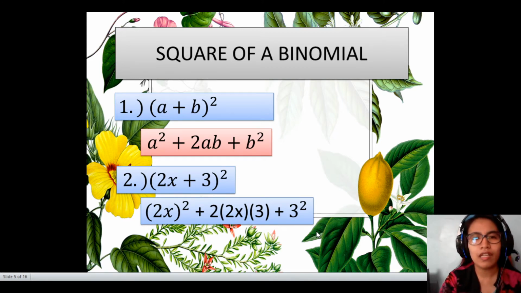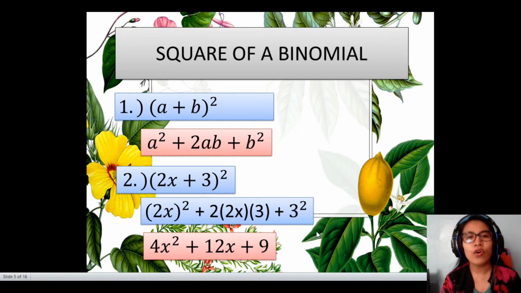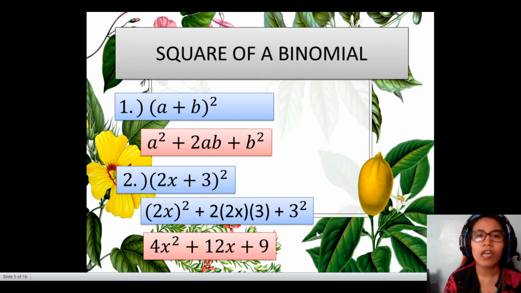So your final answer will look like this. 4x squared plus 12x plus 9. Okay, another thought here is for your final answer on the middle term, it's not always positive. It depends on the given. If the given has negative sign, therefore your middle answer should have a negative sign.